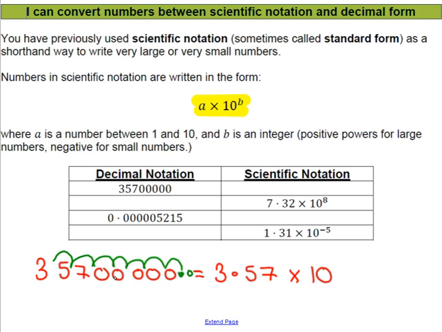And a final time to get to here where I've put it. So in order for me to make this work, the 7 becomes our power of 10. So that number written in scientific notation would be 3.57 times 10 to the power of 7.